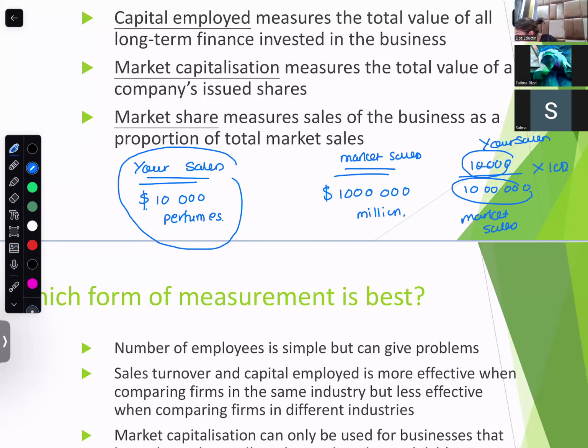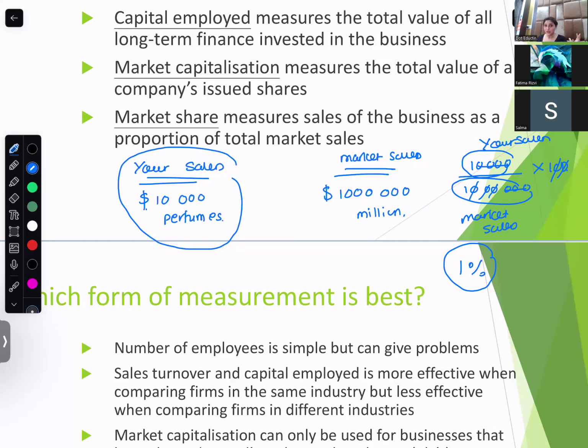So how much is this? 4 and 3, 4 cancels. 1%. That means in the total market sales, the proportion of your sales is only 1%. You are selling 1% of the total market sales.